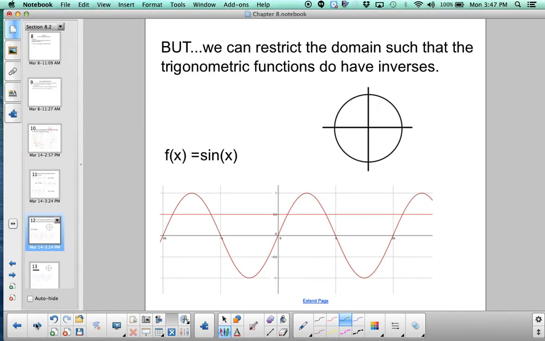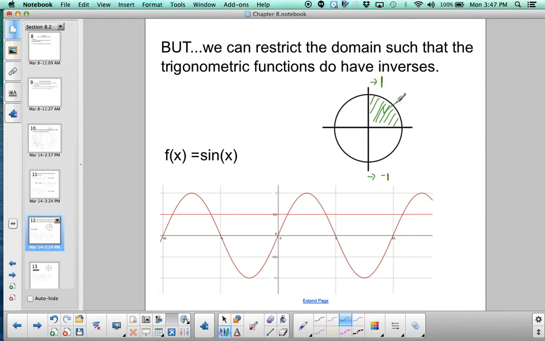So let's start with the sine of x. When we're thinking about the sine of x, we're thinking about our y value. So I have a unit circle here, and we know that the maximum is going to be up here at positive 1, and the minimum is down here at negative 1. Let's use the first quadrant. If I use quadrant 1, that will take care of part of it.